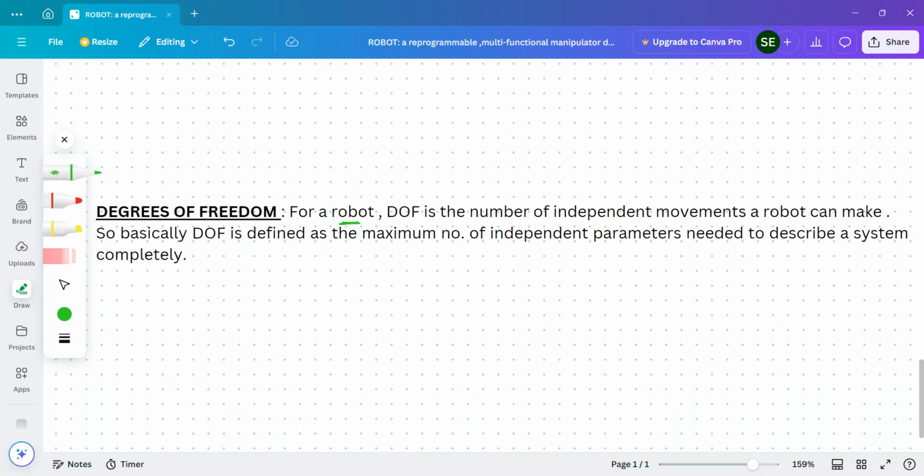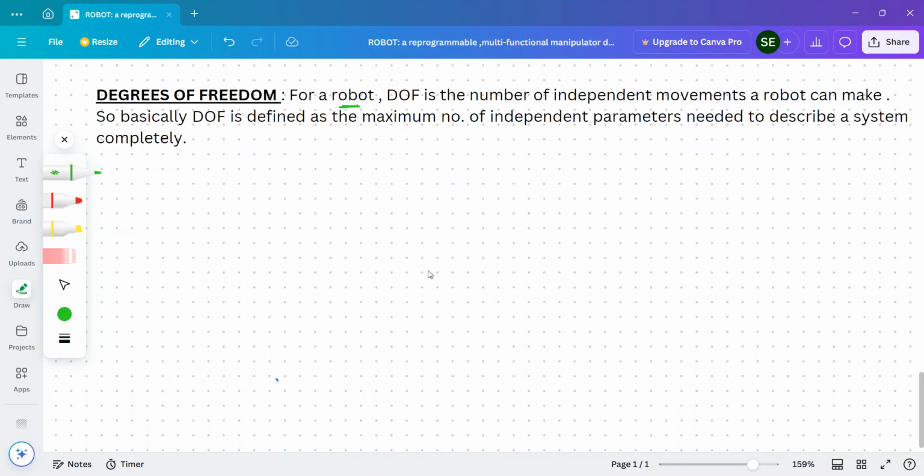It may be at a single point also. It can be a nut, it can be a bolt, anything. If you want to know the basics of degrees of freedom, you can go through the topic called theory of machines, or you can search on YouTube. Here I will teach degrees of freedom only from the robotics point of view.